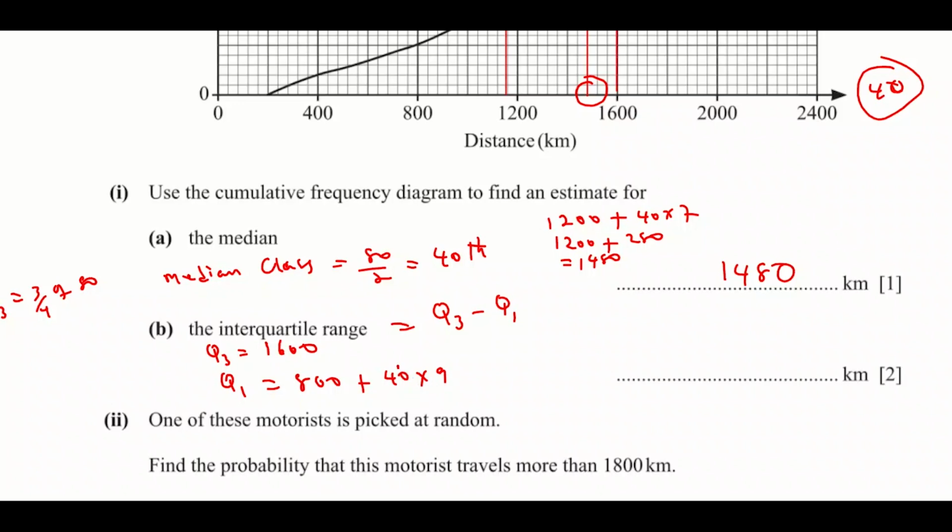This gives us 360, and 360 add 800 equals 1,160. So we can do Q3 minus Q1: 1,600 minus 1,160 equals 440. So we have 440 here.